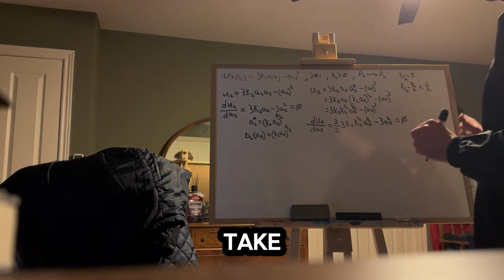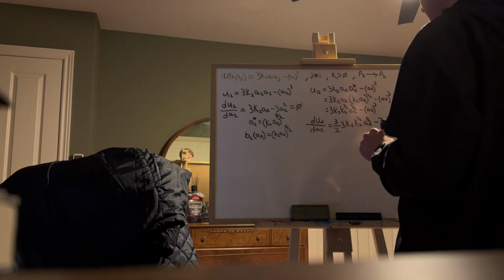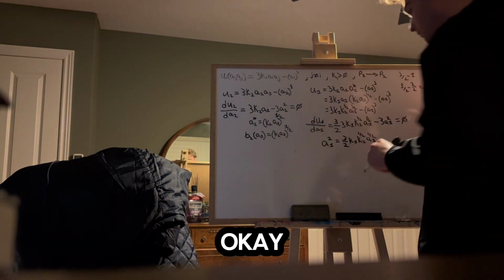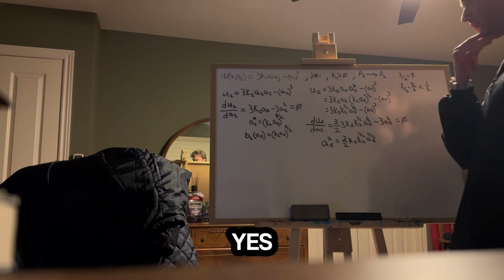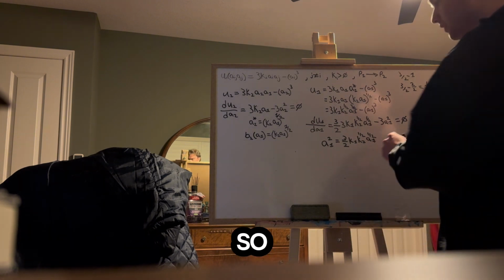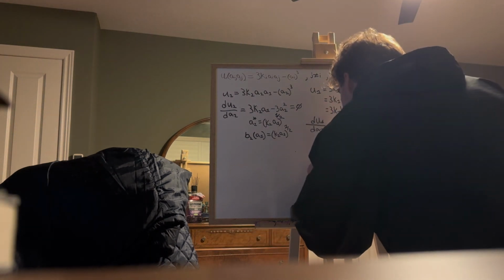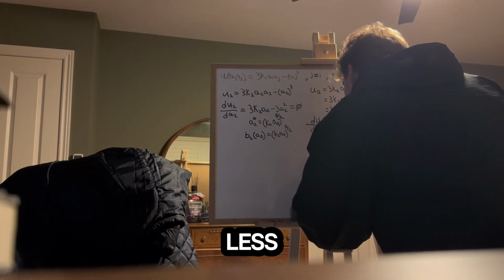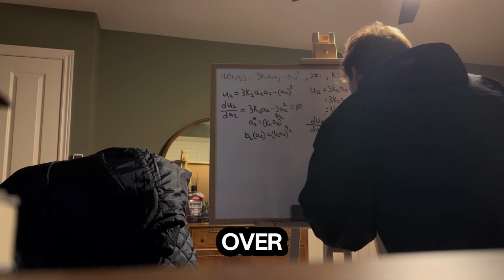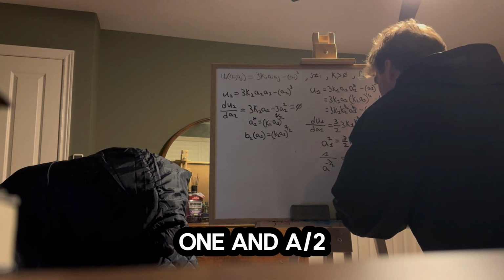This one I'm going to take my time. So in this case, we can get rid of the 3. I'm going to divide both sides by a of 1. So now we've got a to the power of less 3 over 2 over 1 equals 3 over 2 k1 k2 1.5.